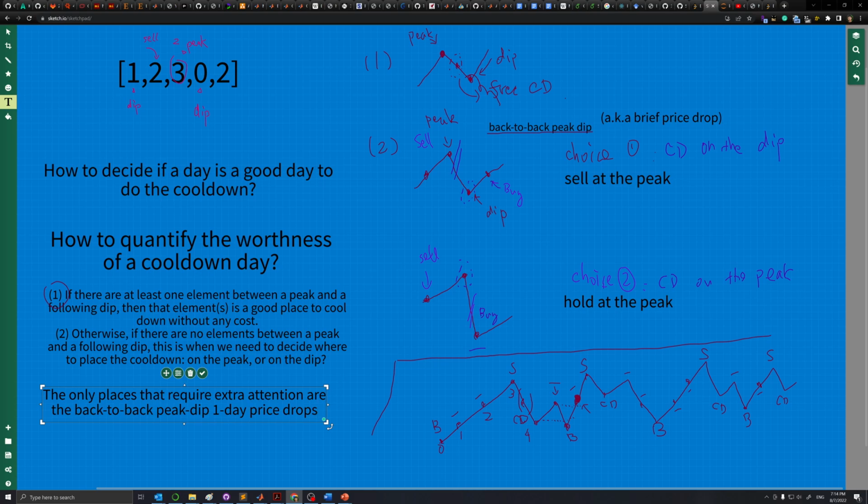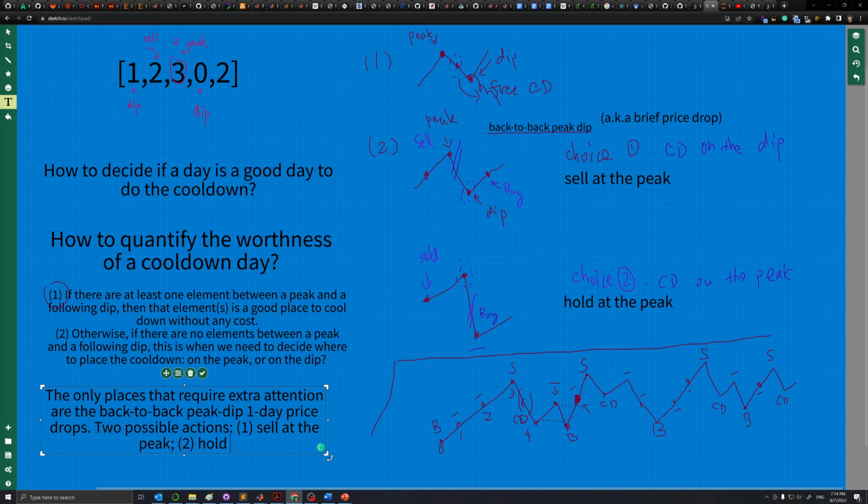Two possible actions. One is to sell at the peak. Two is to hold at the peak.